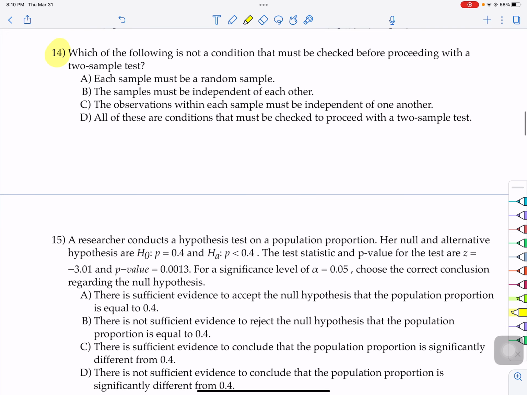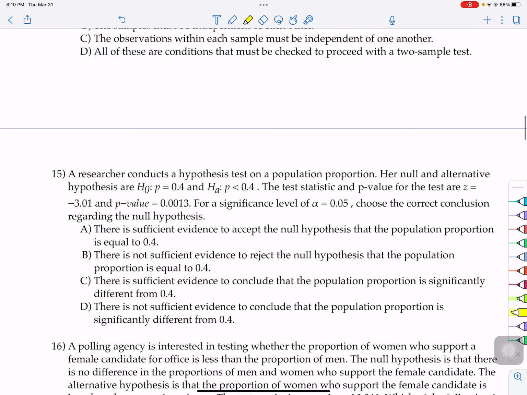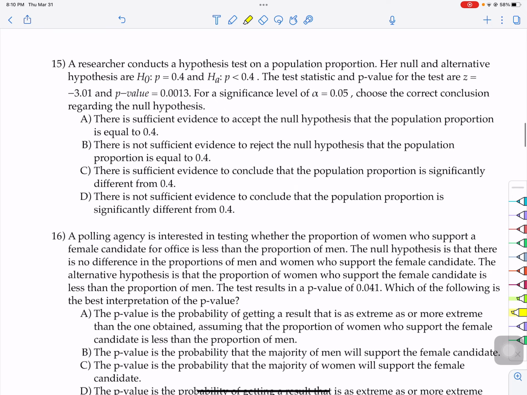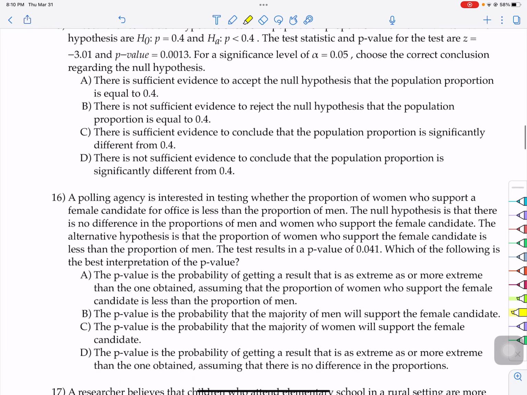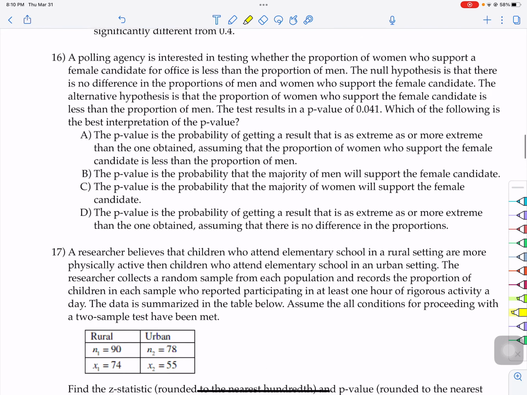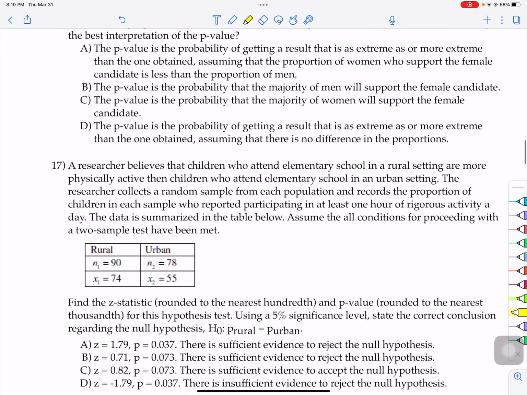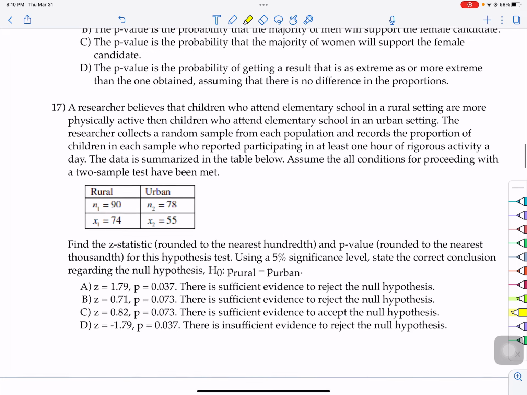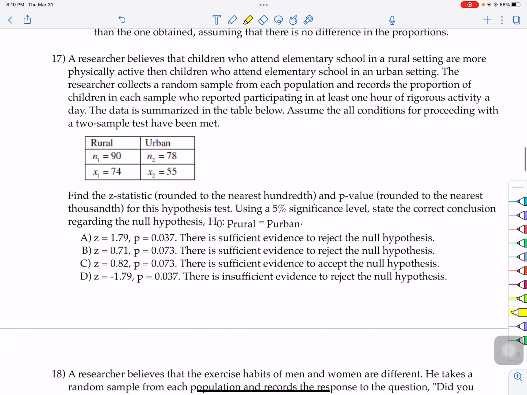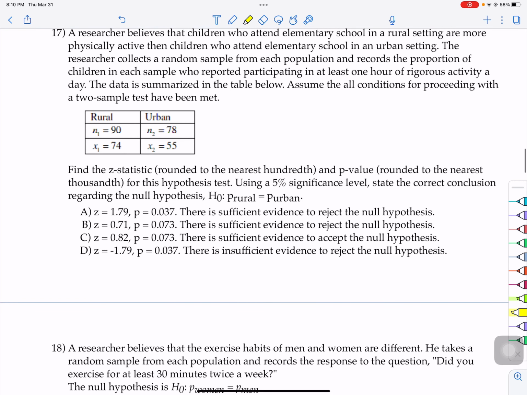And I'm going to point out one more similar to that. I want to make sure you understand what that is. There is a conclusion of a hypothesis test. And number 16, what a p-value represents. And in number 17, running a two proportion test.